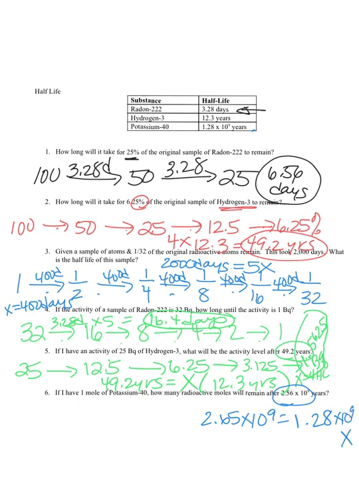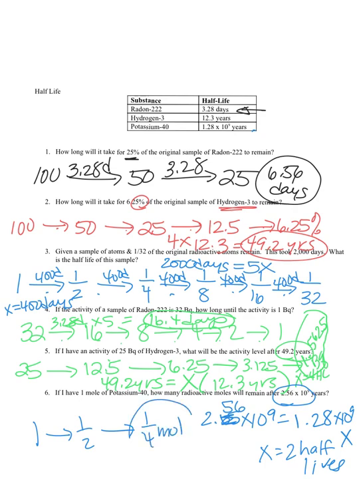When I divide 2.56 by 1.28, and again, those are billion years, I'm going to get 2 half-lives. So then I'm going to decay 1 mole to a half mole to a quarter mole. So I end up with a quarter mole remaining after 2.56 billion years.